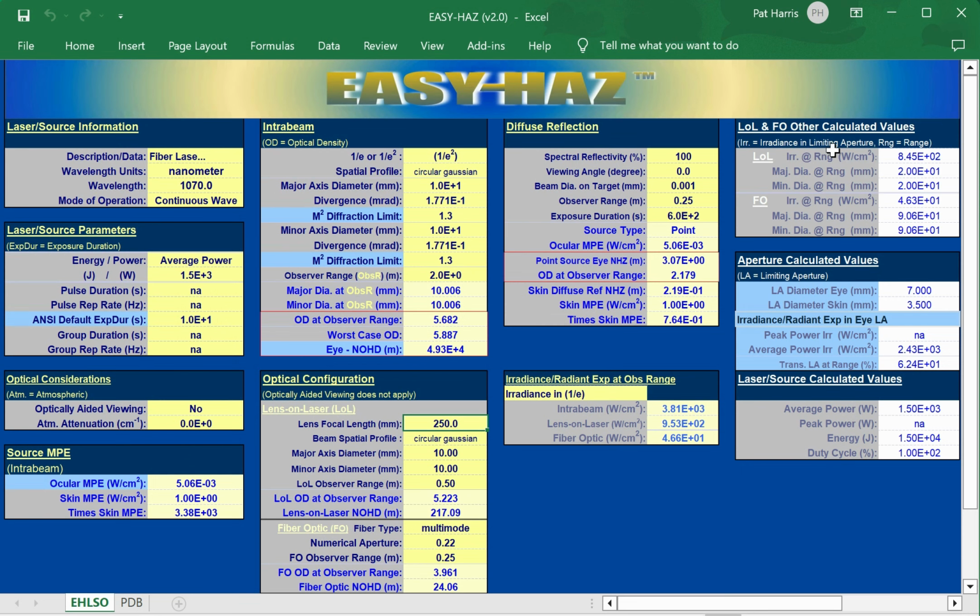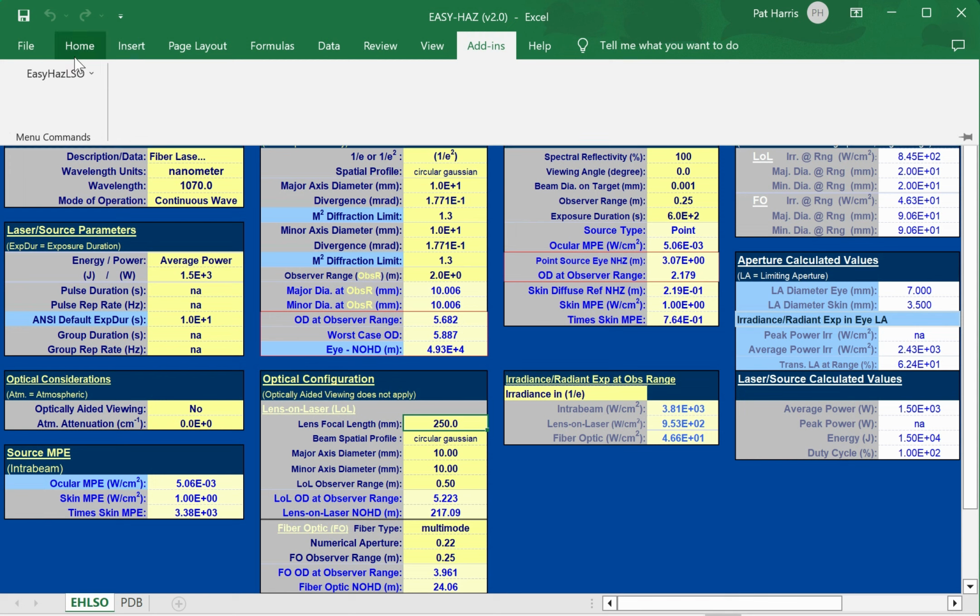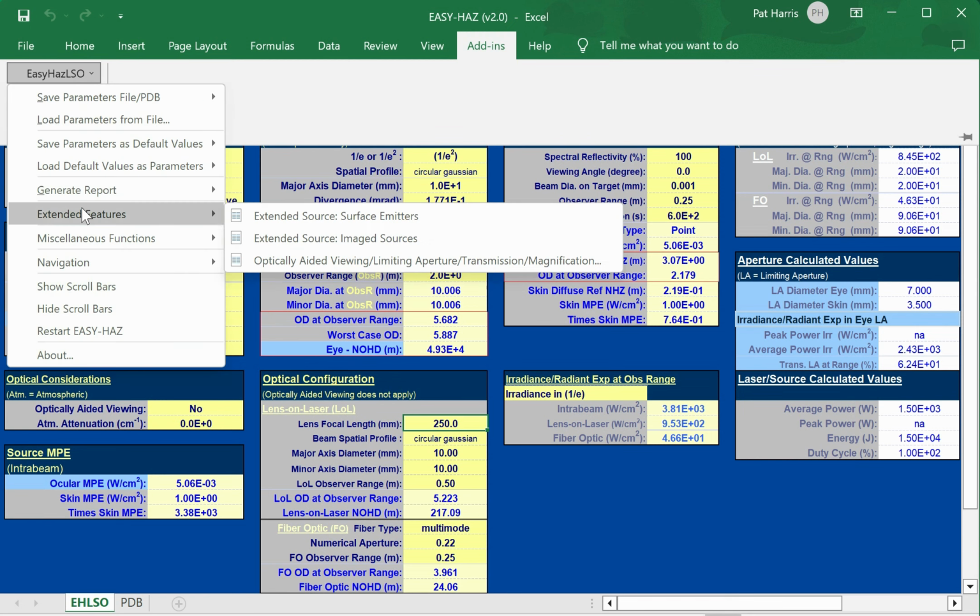When we click that, we'll notice we get some information up here, and it gives us the major and minor beam diameters at range, and also the irradiance at range in the limiting aperture. So we can get the limiting aperture irradiance here along with the beam diameters at the observer distance. Just wanted to point that out so that information is available.